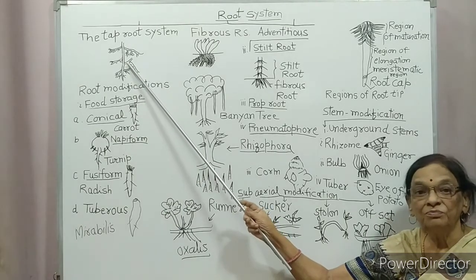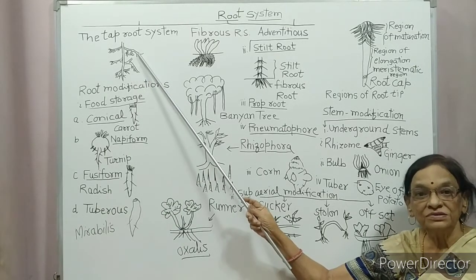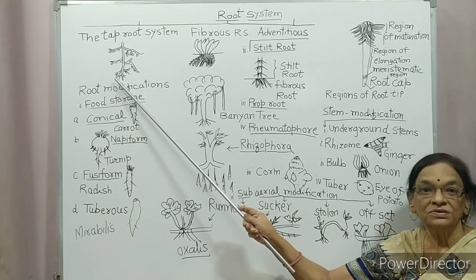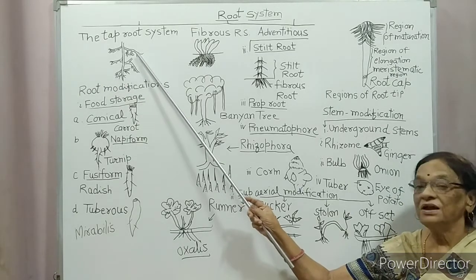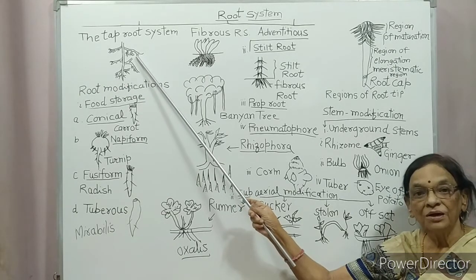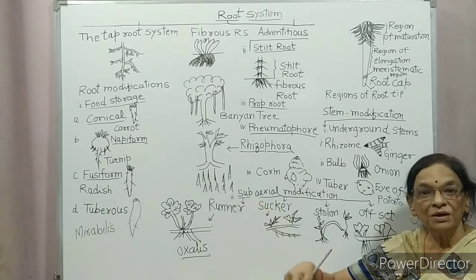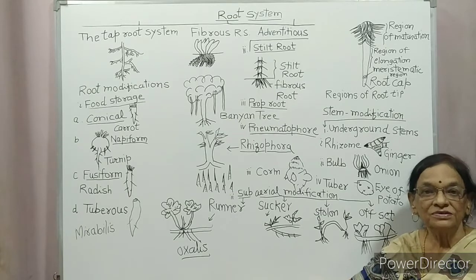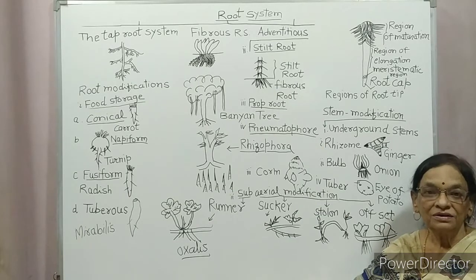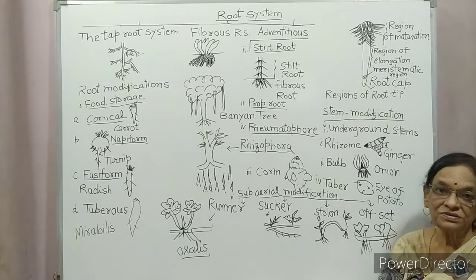This taproot bears some branches and sub-branches. The first branch arising from taproot is the primary branch. From the primary branch arise secondary and tertiary branches.